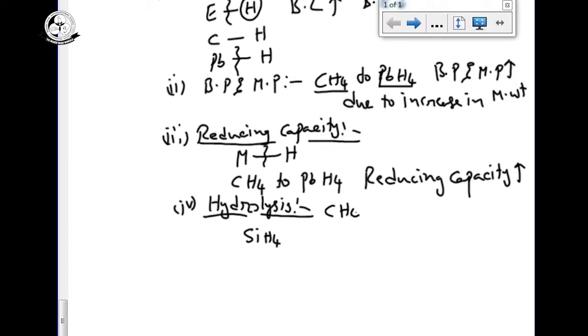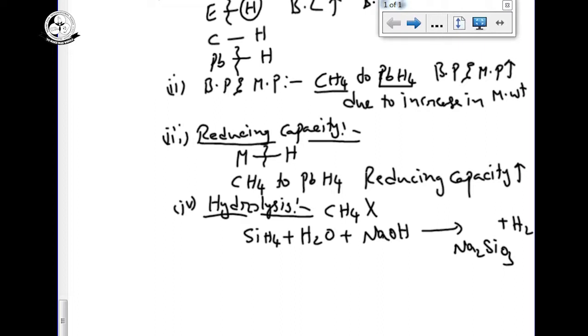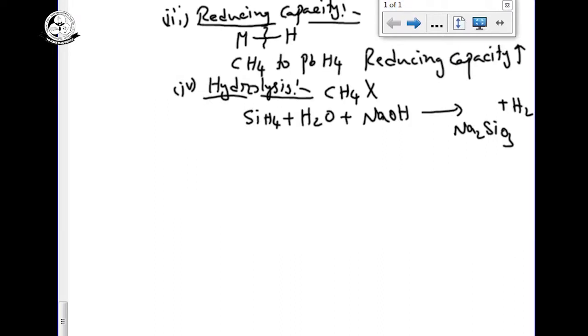Methane cannot undergo hydrolysis. Silane can undergo hydrolysis only in the presence of a small amount of alkali, a small amount of base, and liberate hydrogen gas. The remaining product is sodium silicate, Na2SiO3.